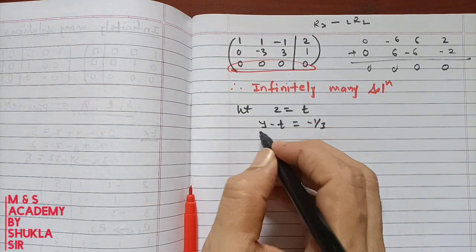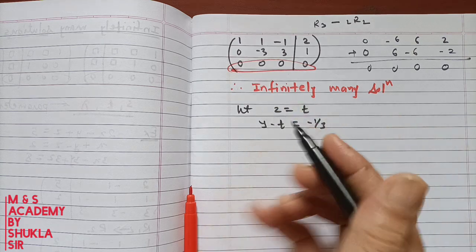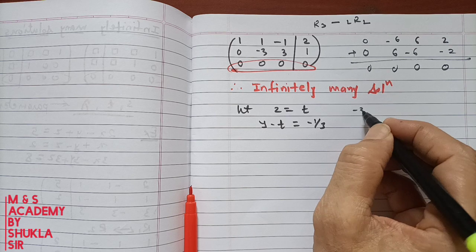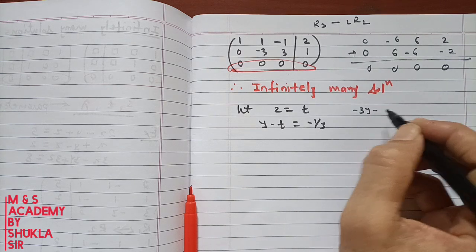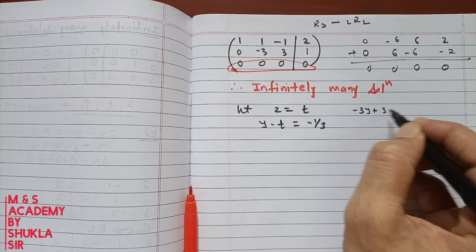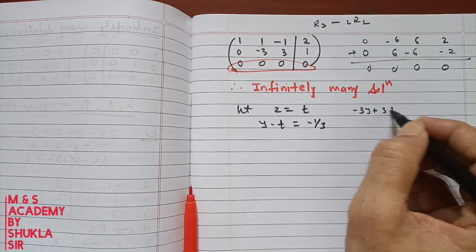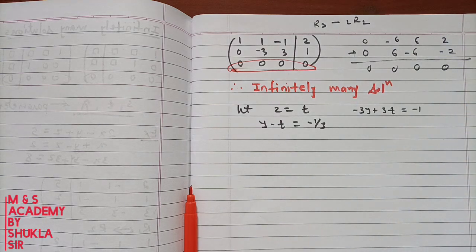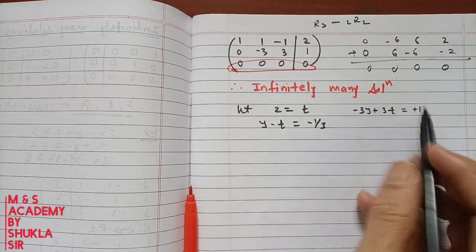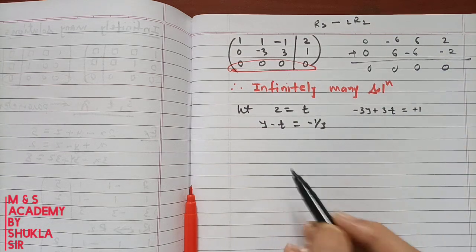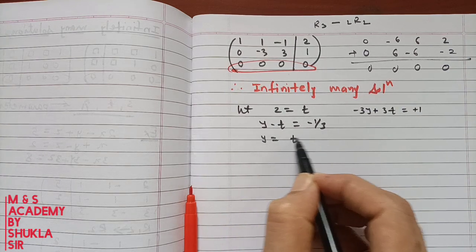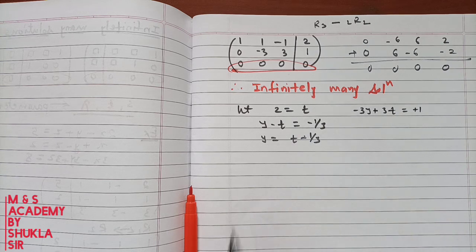If you take common factors and divide, it becomes the same thing. So y is equal to t minus 1 by 3.